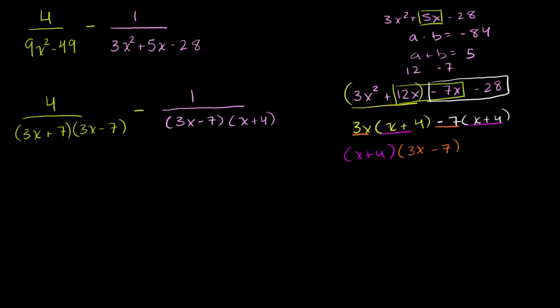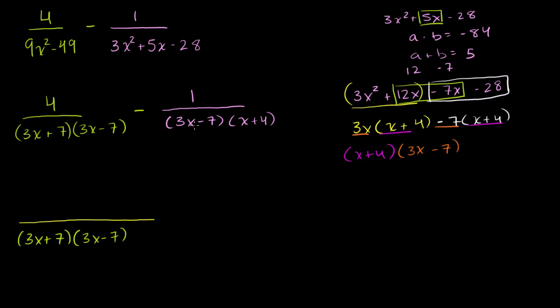So let's figure out what our common denominator is here. It needs to have all of the factors of this guy right here. So it needs to have a 3x plus 7. It needs to have a 3x minus 7. And it also has to have all of the factors of this guy.